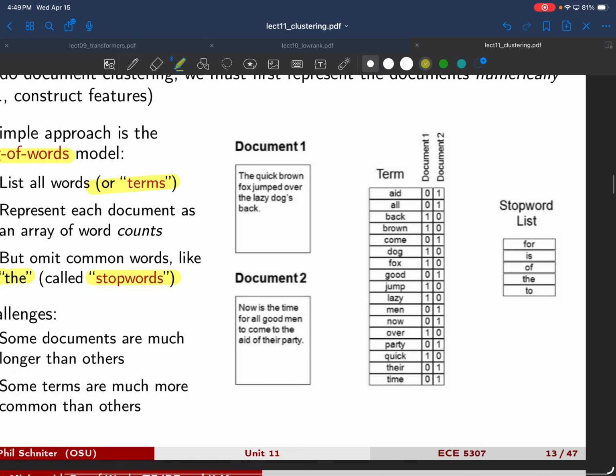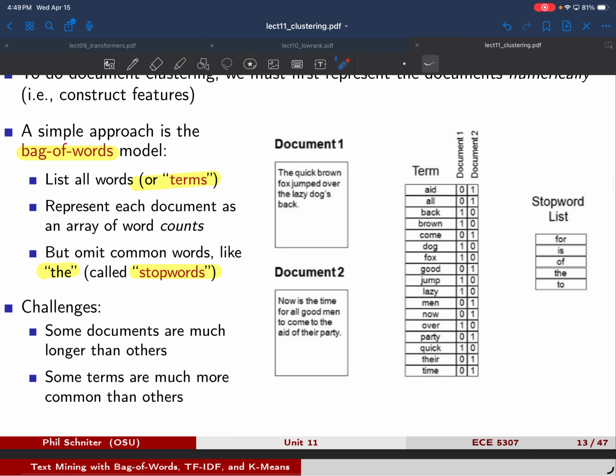So as a very simple example, here we have a data set with 2 documents, and each document is a sentence, and we can make a list of all the terms that are used in our documents. And then what we're going to do is represent each document as just an array of word counts.